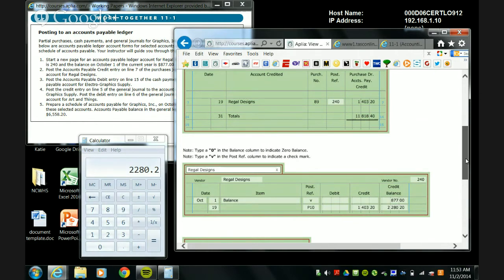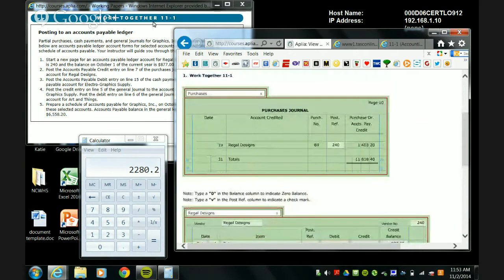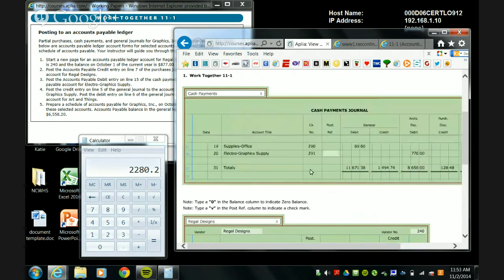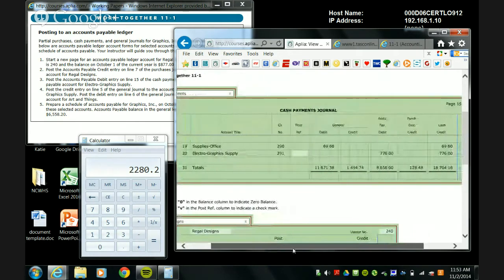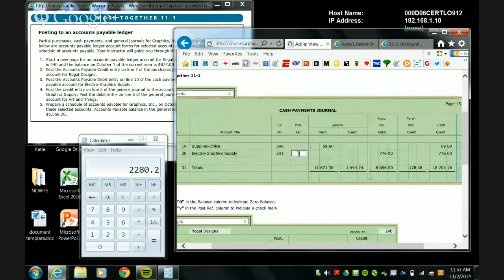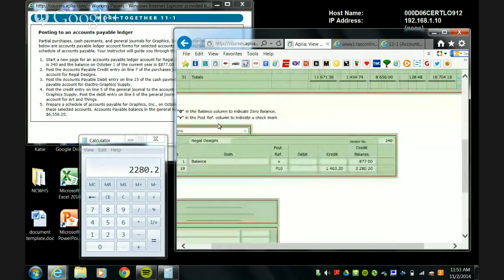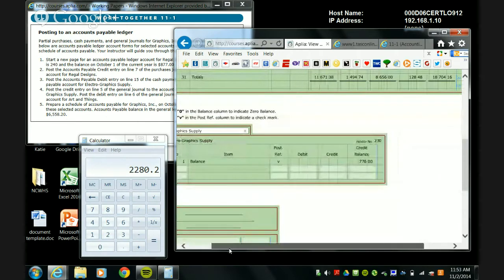So in terms of new transactions, there really aren't any on this. The only thing that's new here is that we're posting the things. So we just finished up 2. 3, post the accounts payable debit from the cash payments journal. So we've got Electro Supplies on this one, 230. Go down, hit Electro Supplies.